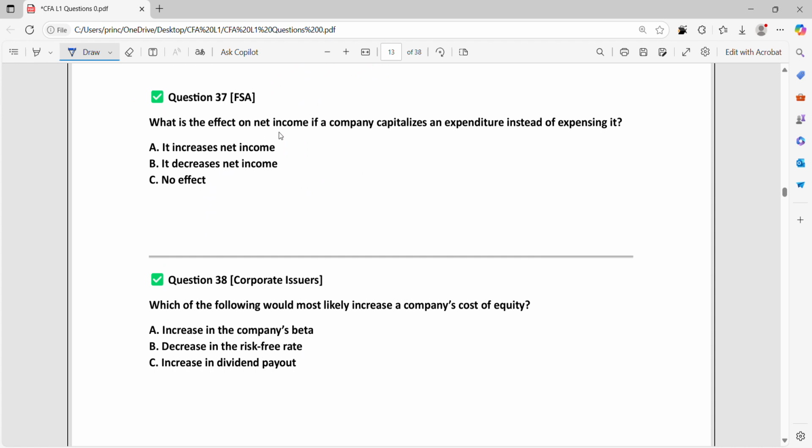What is the effect on net income if a company capitalizes an expenditure instead of expensing it? So mainly we are going to do two things. We have a gross profit, case 1, case 2. Suppose gross profit is 1000. Now you are going to capitalize or expense.